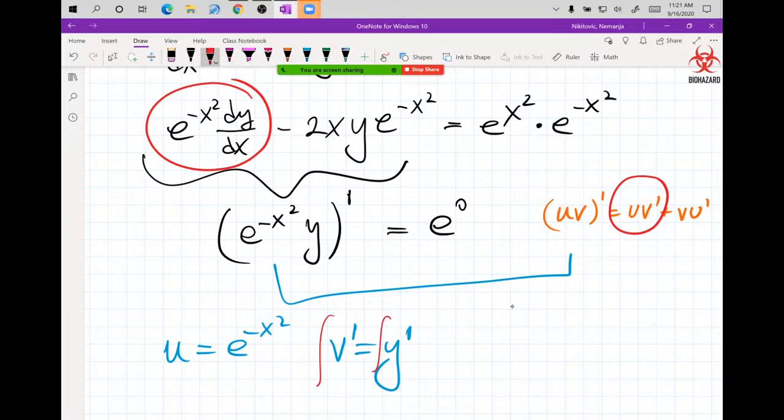And if you are to integrate both sides, v is y. So if I label this as v, then negative 2x e to the negative x squared should be u prime. And it is, because when you differentiate e to the negative x squared, use a chain rule, there will be the derivative of negative x squared, which is negative 2x, which is this front part.